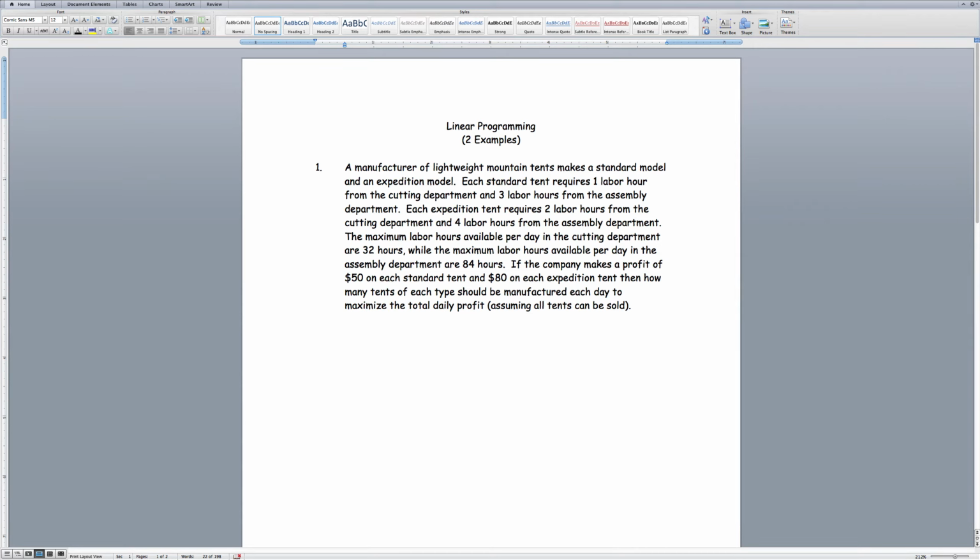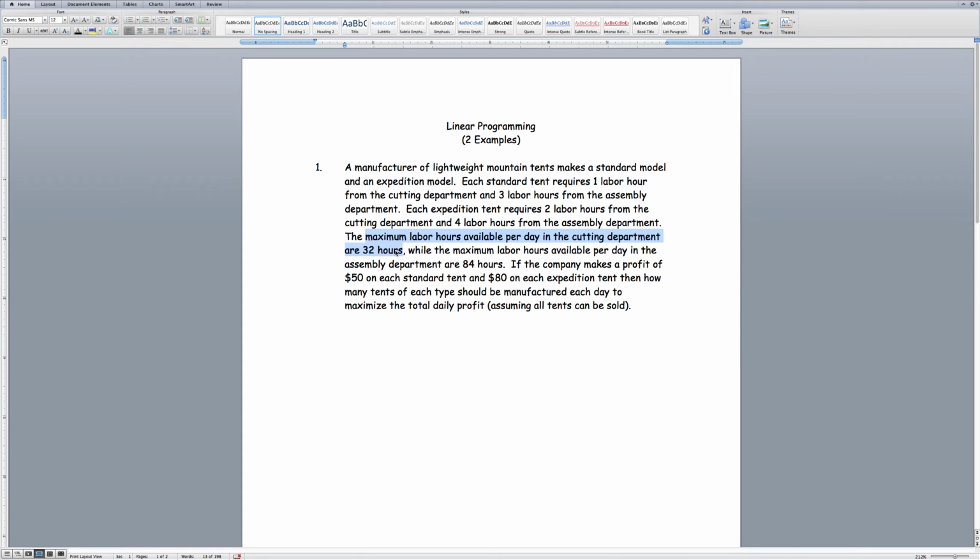So each standard tent requires 1 hour from the cutting. Let's just concentrate on cutting right now. So 1 hour from the cutting for the standard tent, 2 hours from the cutting for the expedition tent. So it should make sense that we're going to have X plus 2Y. So the total amount of cutting time, and let's come down and see, the maximum labor hours available per day in cutting is 32.